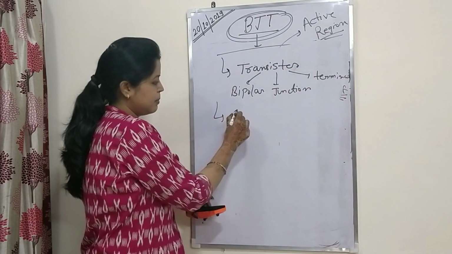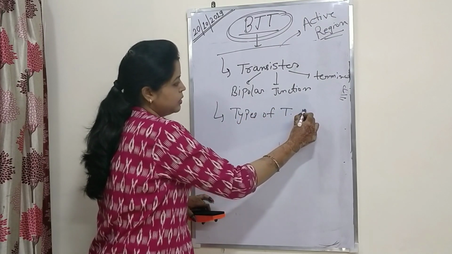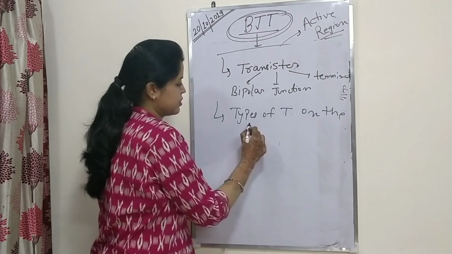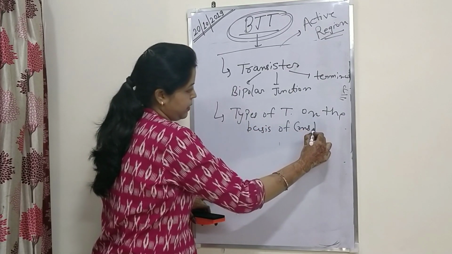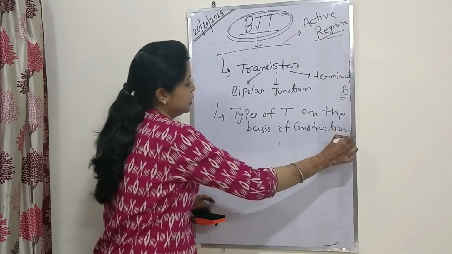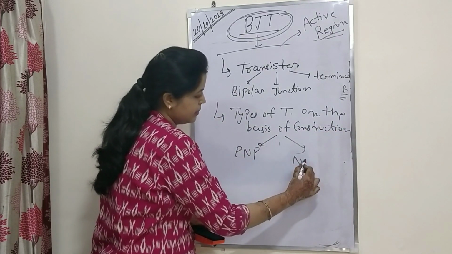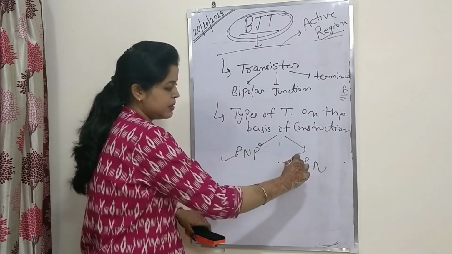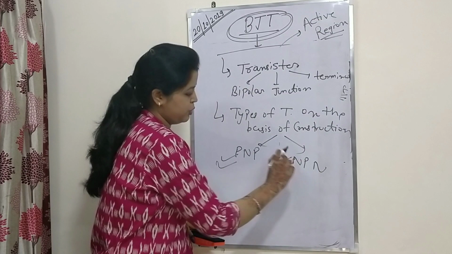Next I discussed the types of transistor on the basis of construction, and it had two types, PNP and NPN, their simple structure and their symbol also.